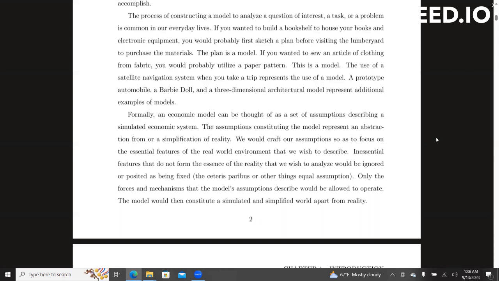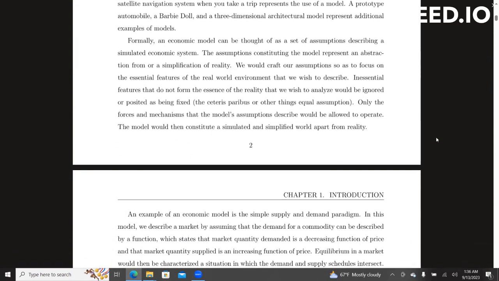The plan is a model. If you wanted to sew an article of clothing from fabric, you would probably utilize a paper pattern. This is a model. The use of a satellite navigation system when you take a trip represents the use of a model. A prototype automobile, a Barbie doll, and a three-dimensional architectural model represent additional examples of models.